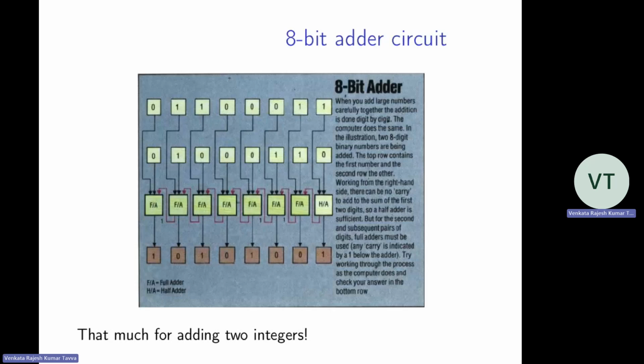But if you use any other representation like sign magnitude representation or 1's complement representation, you can't just add a positive number and a negative number to get the correct result. You will not get the correct result. You need to take the sign separately, the magnitude separately, and then understand, okay, if it is a negative number, then I need to perform subtraction. If it is a positive number, then I need to perform addition. So I'll have a separate circuit for addition and a separate circuit for subtraction.